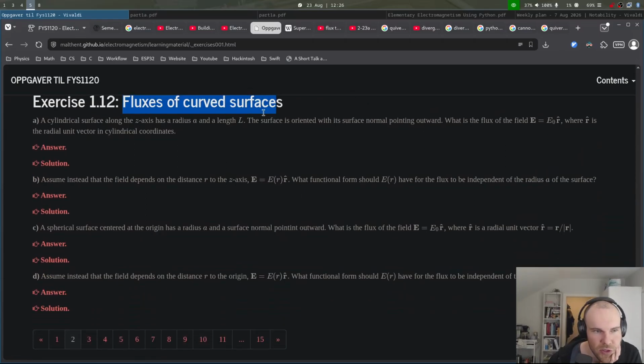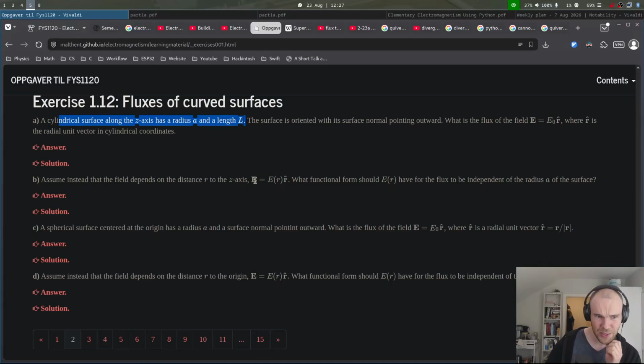Fluxes of curved surfaces. A cylindrical surface along the z-axis has radius a and length l. Okay, so it's cylindrical. Let me draw x, y, and then z.